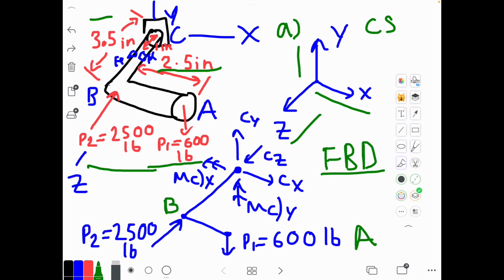Because of these two, we're not going to have a Z moment or Z torque. We are left with 5 unknowns at our point C. We have a moment around the Y, a moment around the X, and 3 forces on our point C: CY, CZ, and CX.